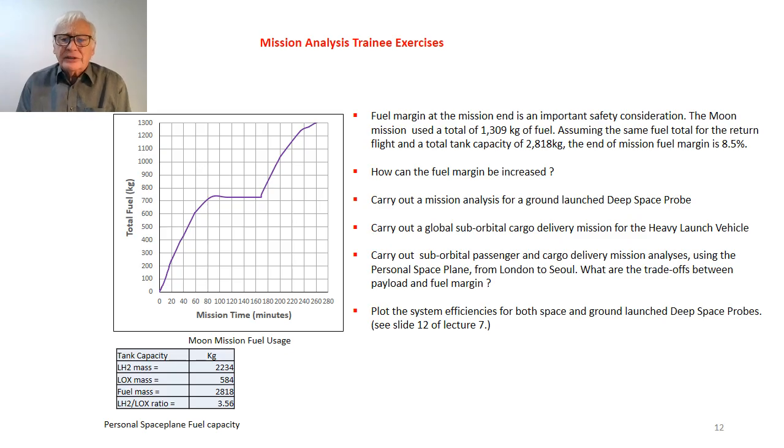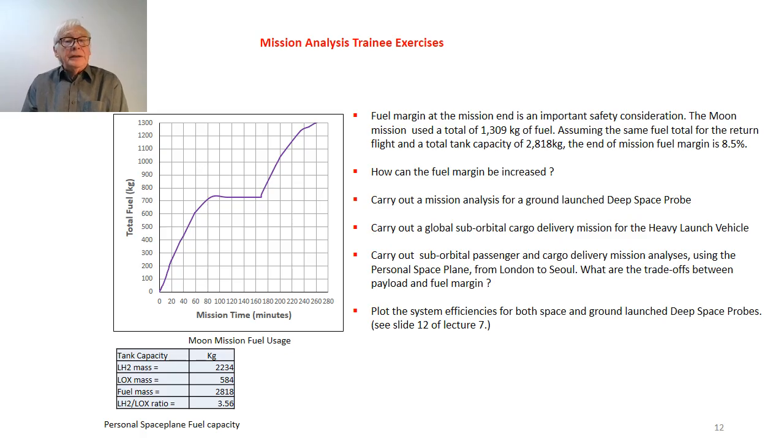But nevertheless, it's a good and very practical view to take as to how you can increase fuel margins, indeed, for any mission that you're carrying out, certainly any manned mission.